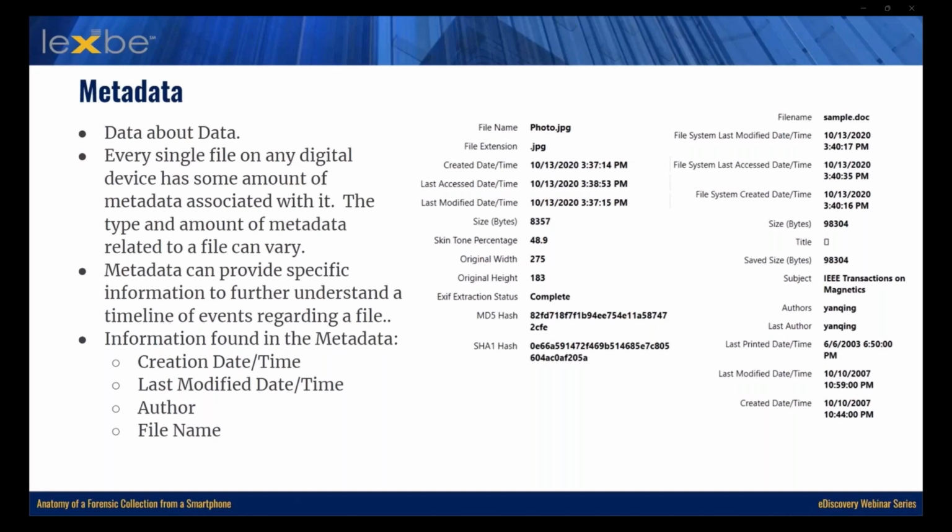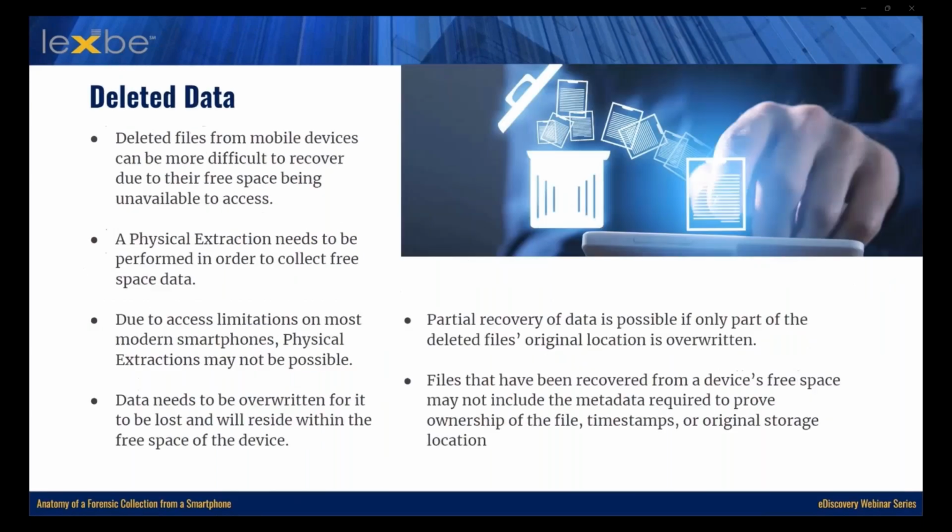Now, deleted data. Deleted files from mobile devices can be more difficult to recover due to the free space on the device being unavailable to access. A physical extraction, like I spoke about earlier, is needed in order to collect that free space. Due to access limitations on most modern smartphones, physical extractions may not be possible.